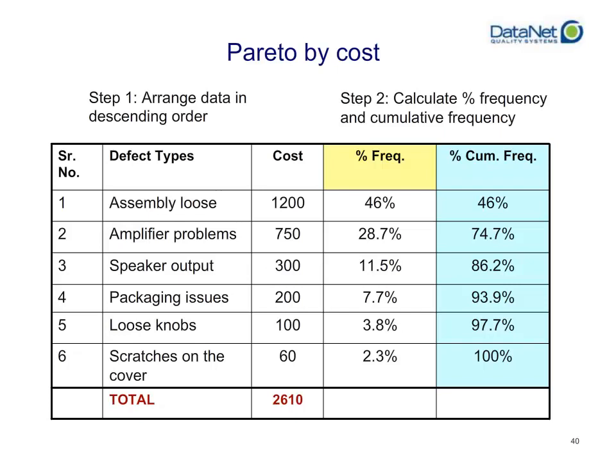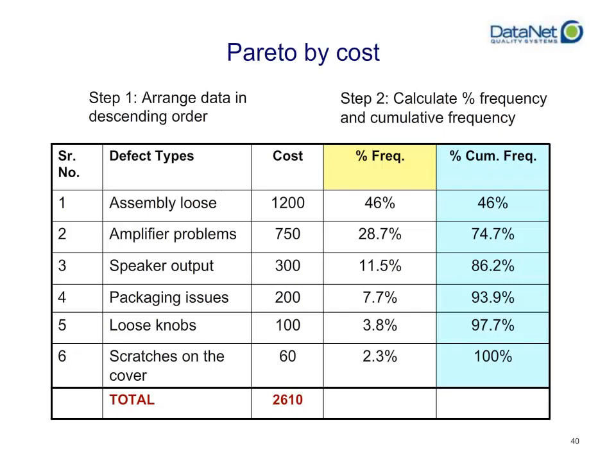The next step is to calculate the percent frequency. That is, again, your cost for an individual defect type divided by your total cost. So the first one would be 1,200 divided by 2,610 for a percent frequency of 46%. Next one is 750 for amplifier problems divided by 2,610 to give you 28.7%.